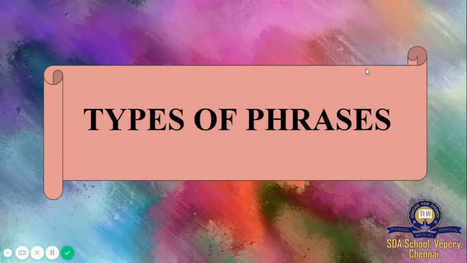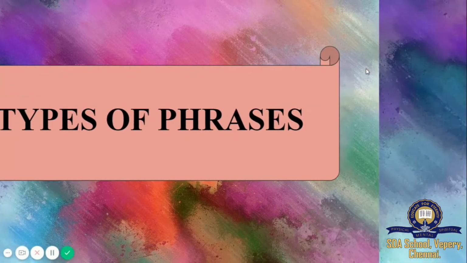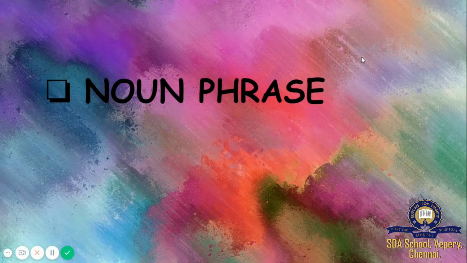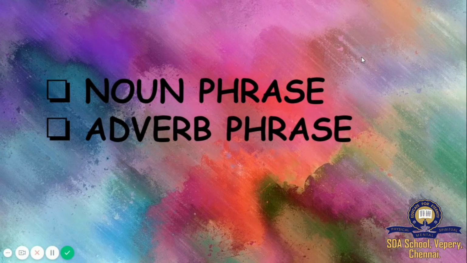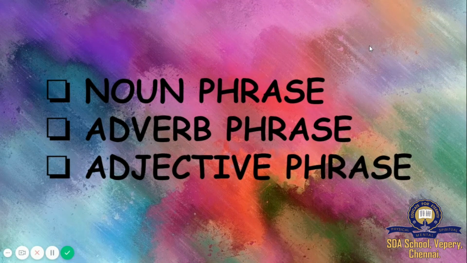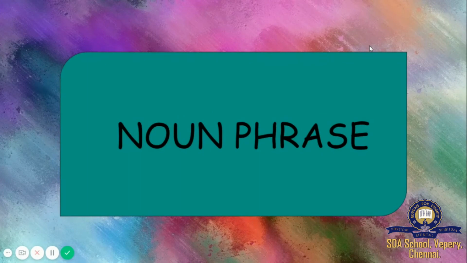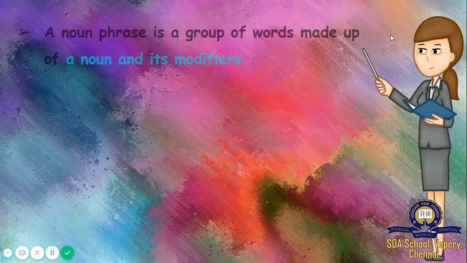Types of phrases. Noun phrase, adverb phrase, adjective phrase. So let us see about noun phrase. A noun phrase is a group of words made up of a noun and its modifiers.